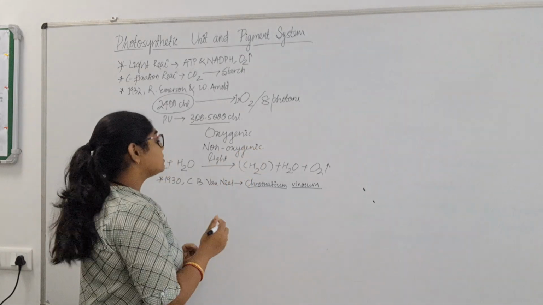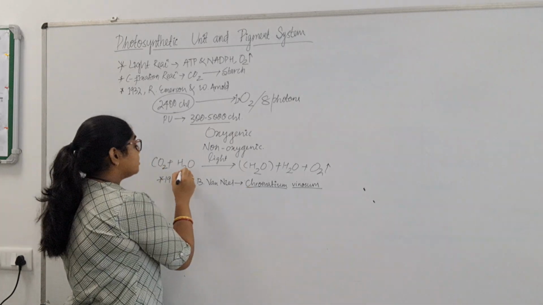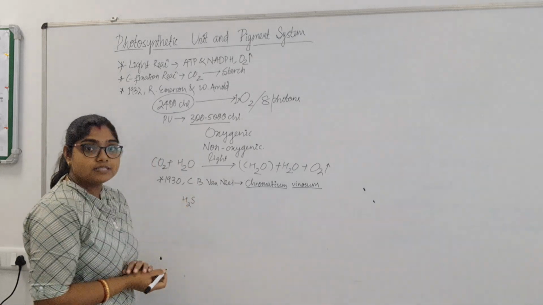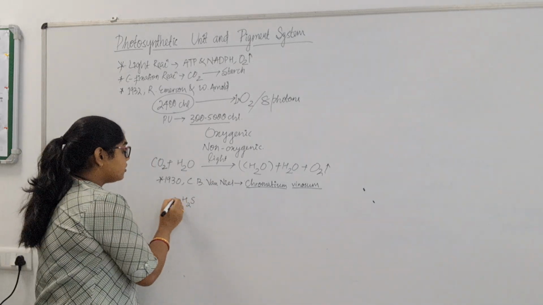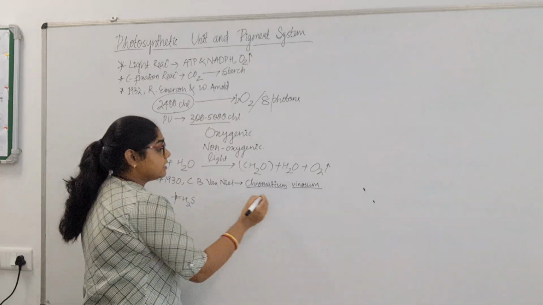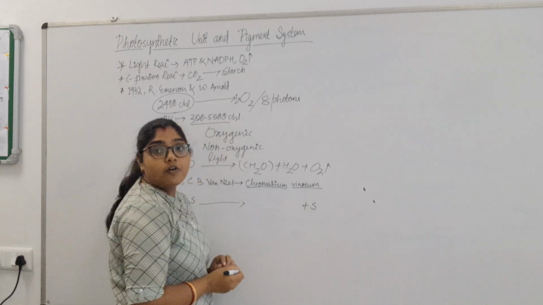In this non-oxygenic photosynthetic organism, the bacteria use H2A, hydrogen sulfide, H2S, as an electron donor, and it produces sulfur instead of oxygen.